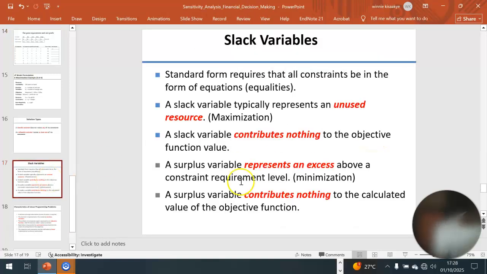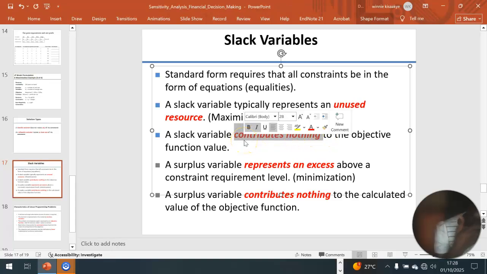You find that each of these variables contributes nothing to the objective function, because just imagine if you've set 200 parts but you've only used 50 to maximize your objective, then the 150 has contributed nothing towards the maximization of your objective.